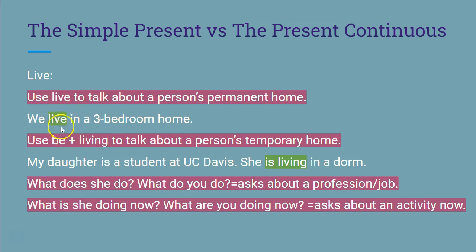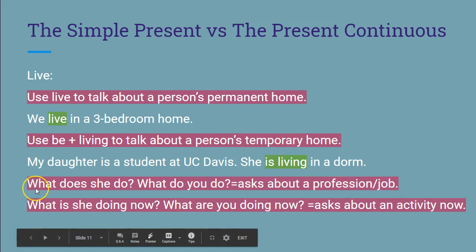Here, this is simple present. But we use the present continuous to talk about a person's temporary home. Be plus living is the present continuous. For example, my daughter is a student at UC Davis. She's living in a dorm. So this shows where she is living temporarily or just for now.